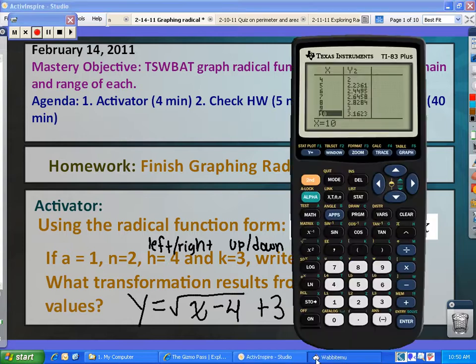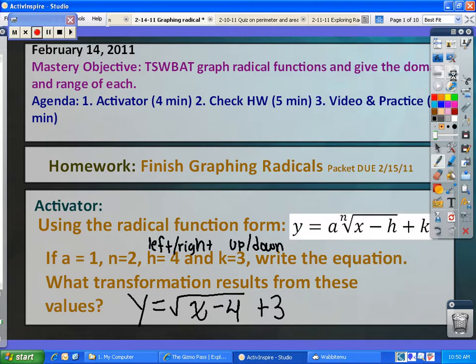And again, you could see that by going to your calculator, and if you want to go ahead and put that equation into your calculator, you would do the square root of x minus 4 plus 3. When you press graph, you can see that this graph is moved 4 units to the right and 3 units up. Okay, so let's move on to check your homework.